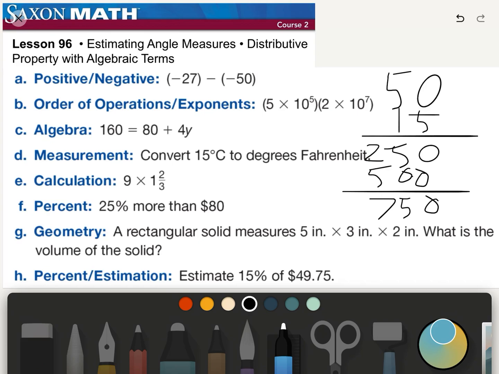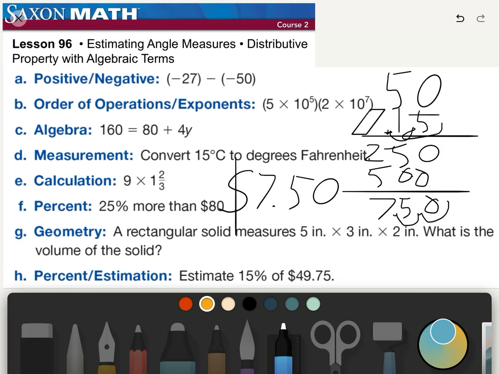Gets a 750. However, we're really looking at this like that. So we can go boingy, boingy, boingy, boingy. Gets us $7.50.